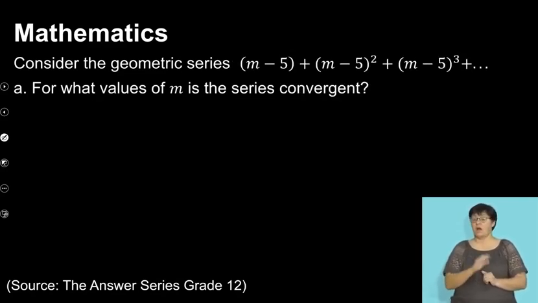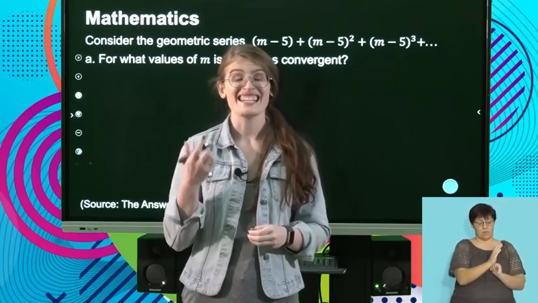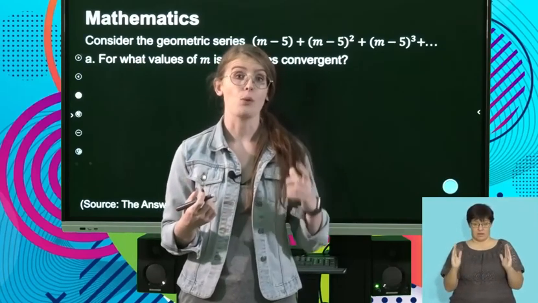So we've been asked to consider the series, and we've been asked for what values of m is this series convergent. Great. Before I even start writing, please just remember that the definition of a convergent series means that the ratio has to be between -1 and 1.